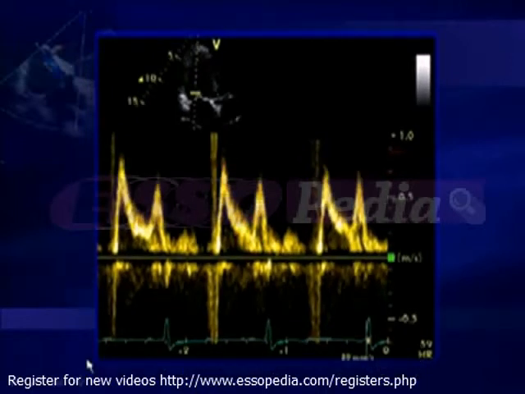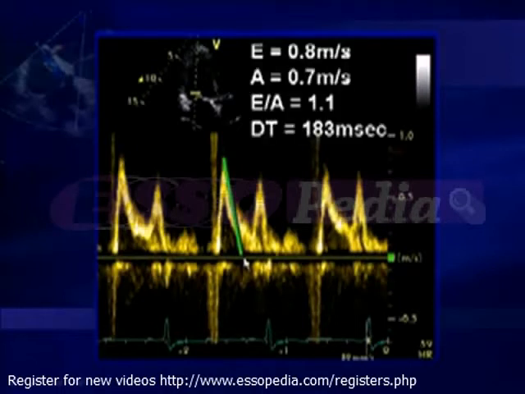And the answer is that when trying to evaluate for LV filling pressure, we would measure this initial slope in green. And this is distinctly opposite from what we would do when, say, trying to measure the pressure half-time in an individual with mitral stenosis. And so here we see the amplitude of the E wave and the A wave and the E wave deceleration time of 183 milliseconds.